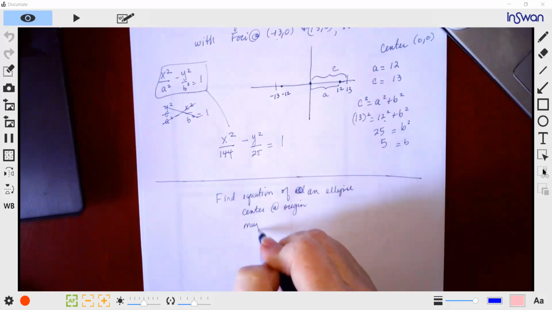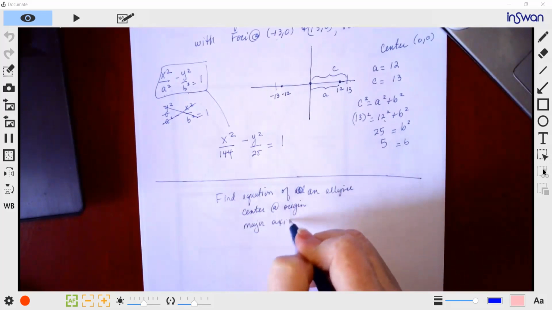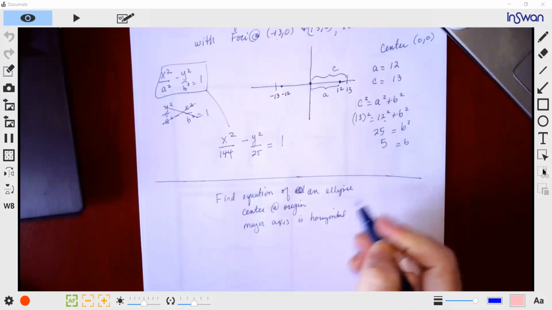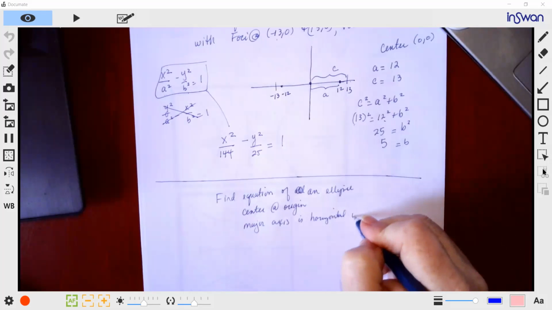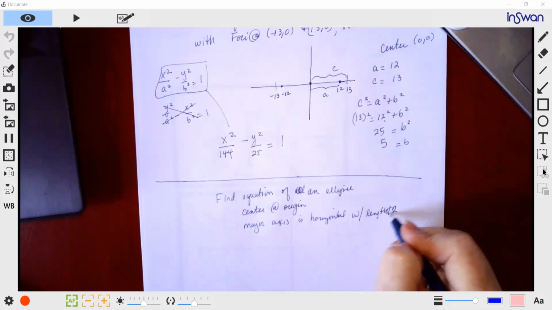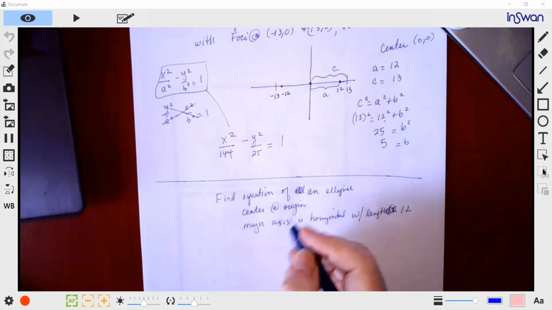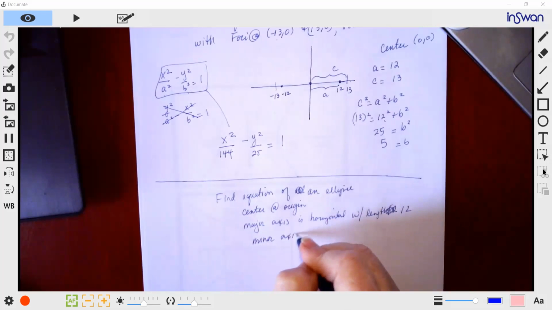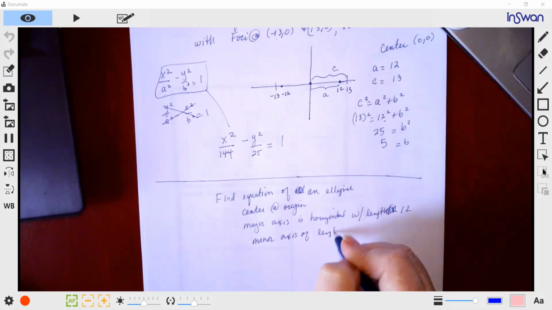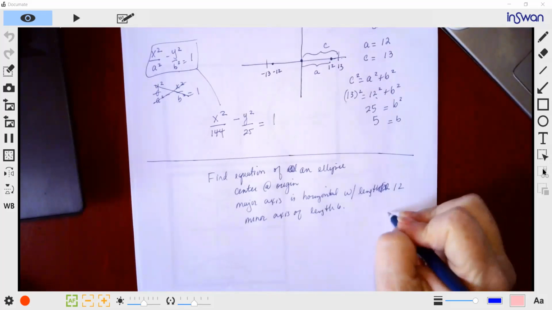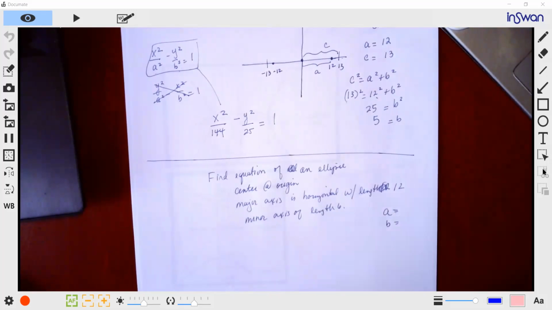Major axis is horizontal, with length 12 and a minor axis of length 6. So can anybody tell me what A and B are immediately from just the information that I have given you right there?